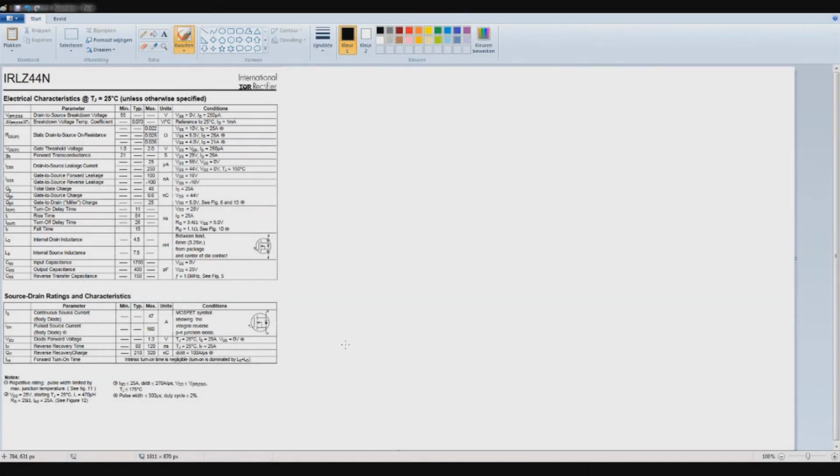So now we are going to take a look at page 2. Well, first of all we are going to see the breakdown voltage of the drain to source, which is 55 volts as we saw. What does that mean?